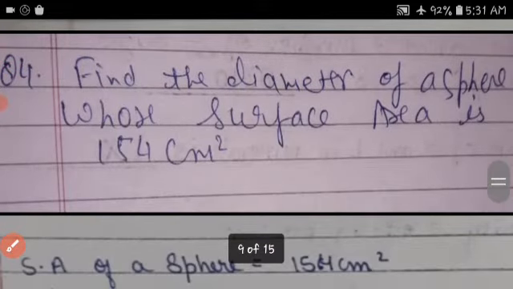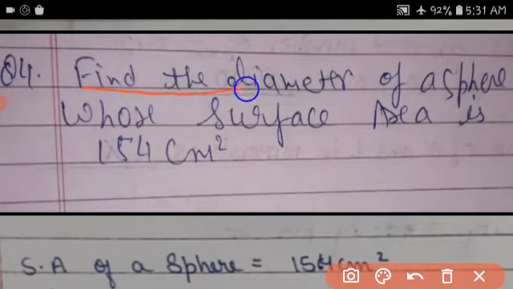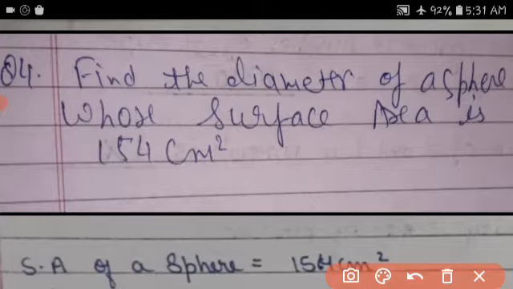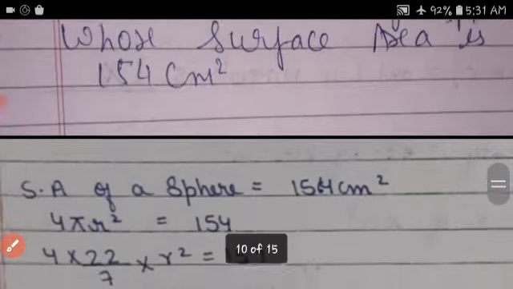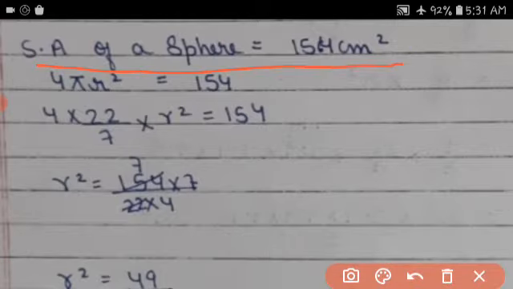Question 4. Find the diameter of a sphere whose surface area is 154 centimeter square. Surface area of a sphere is equal to 154 centimeter square. 4 pi r square equals 154.